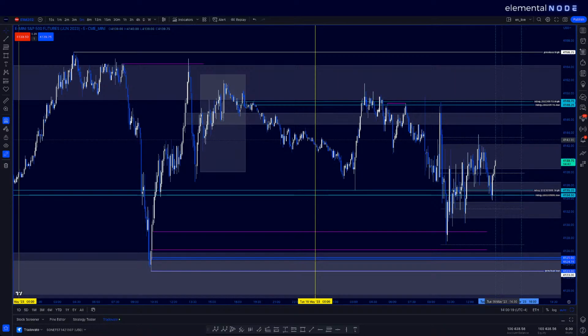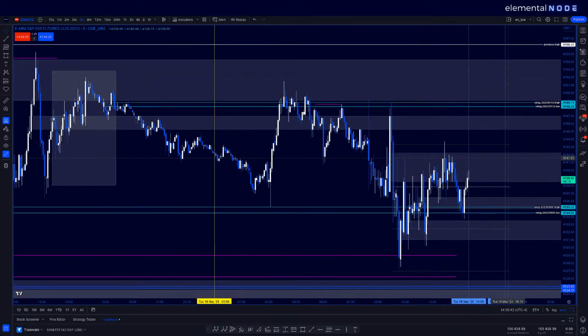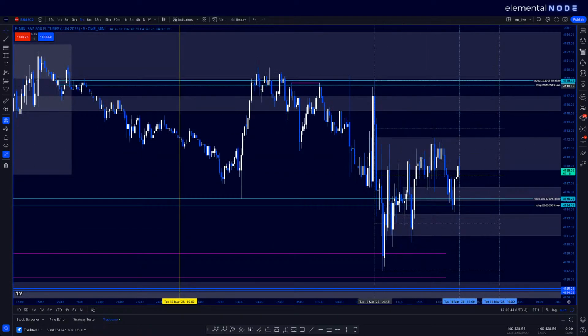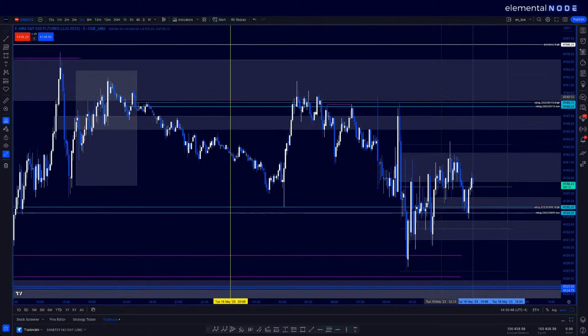We see here the one above was formed on the 7th of May, and now it's approximately 4149. And then the new week opening gap below us here is approximately 4132.25, which was formed on the 14th of May. So now we're here within a range again, range bound.